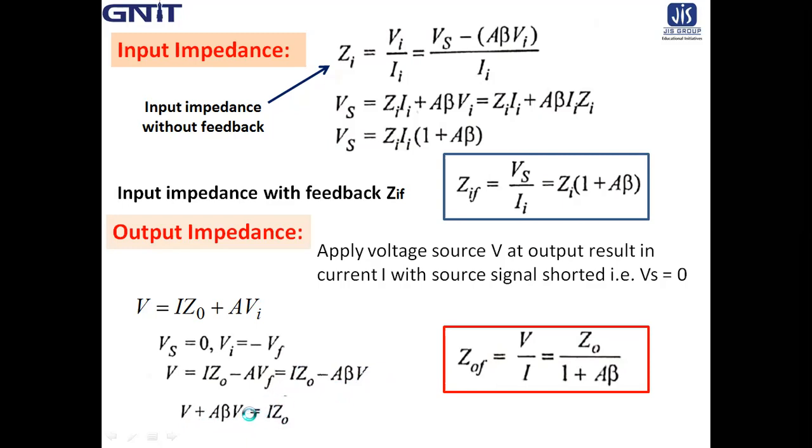So in the presence of feedback, the output impedance, represented as Zof, that is the output impedance with feedback, which is a ratio of V by I. So it is Z0 by 1 plus A beta.